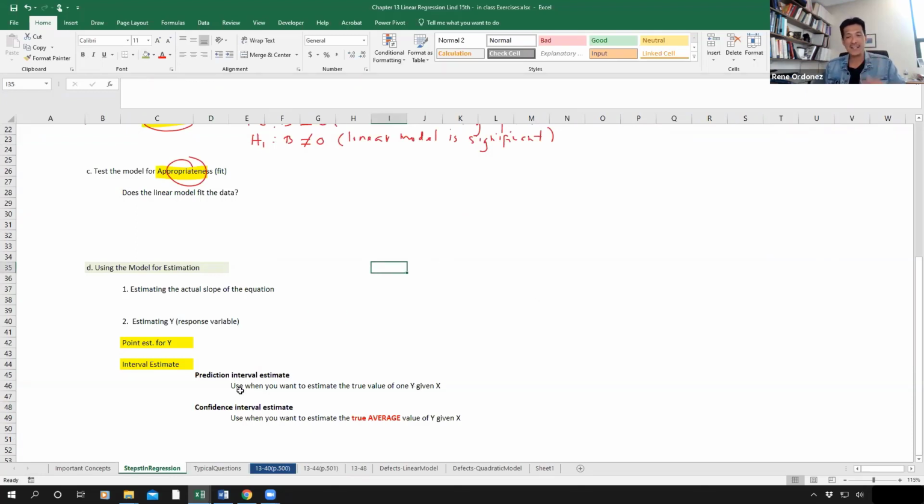Okay, again, this is used when you have only one y, whereas the confidence interval estimate is used when you have a group of y's given x. Does that make sense?